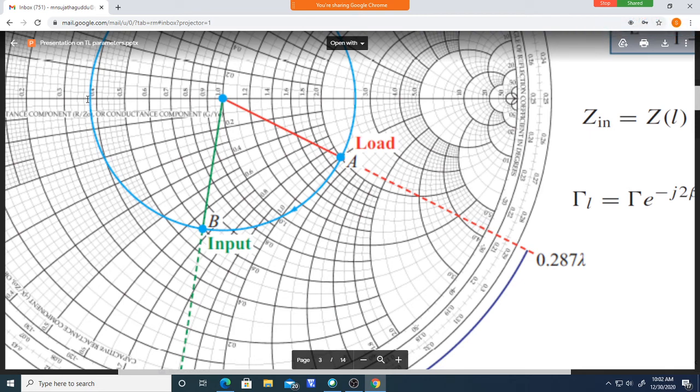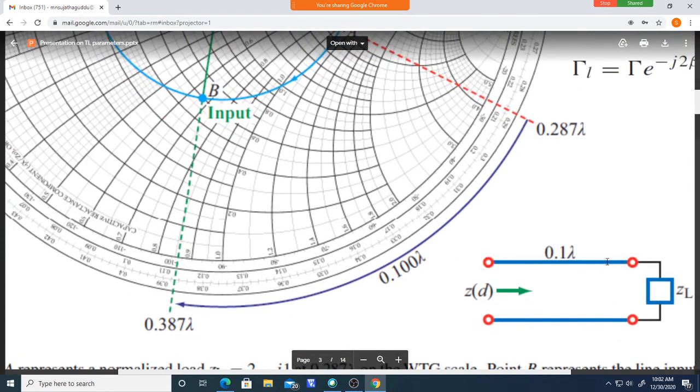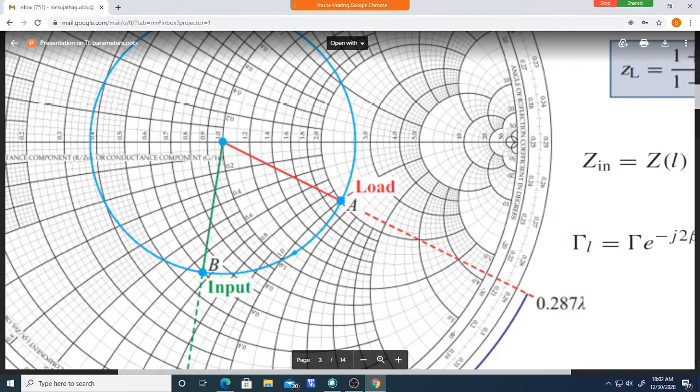Because this is 0.4. Like that, you can find out at what distance the minima, that means the first minima, occurs. As you move like this, minimum impedance occurs at the minima position. Starting from the load, wherever the minima is, you go.